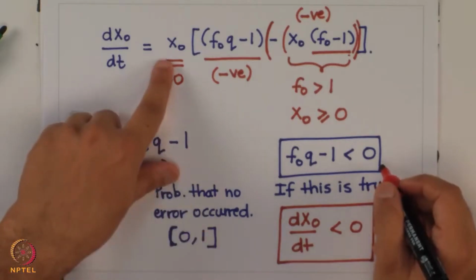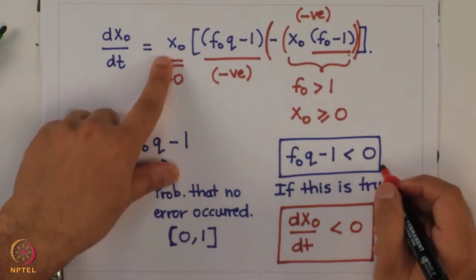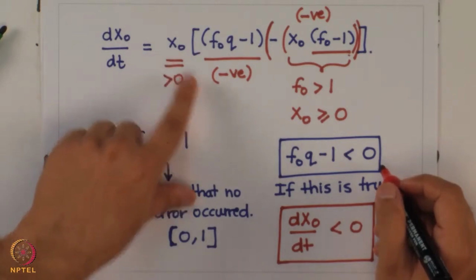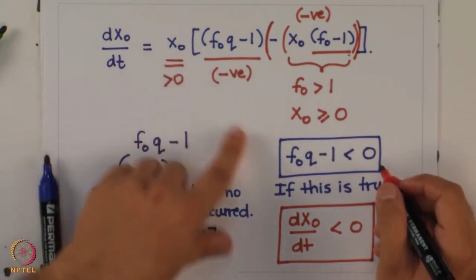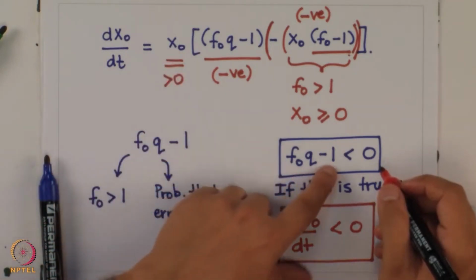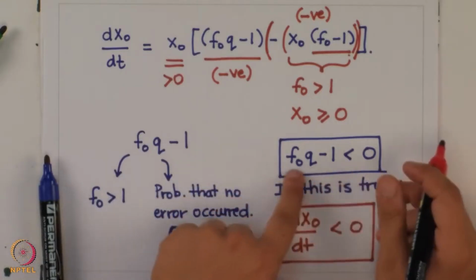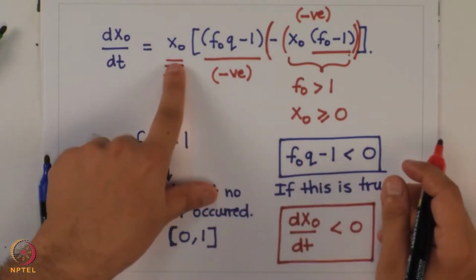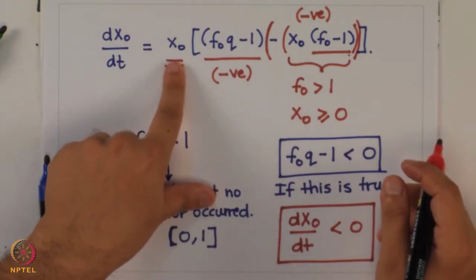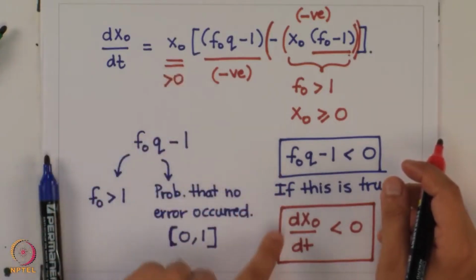X naught could take on any value between 0 and 1. So, for any value of x naught, as long as f naught q minus 1 is less than 0, and this expression does not have anything to do with x naught, x naught can take any value and dx naught by dt is less than 0.